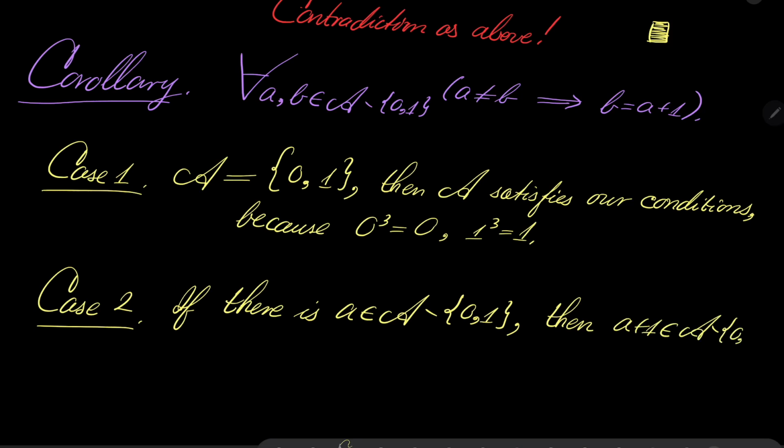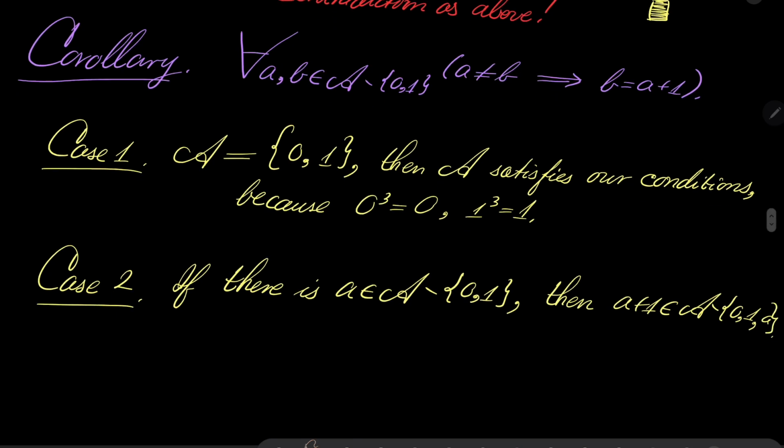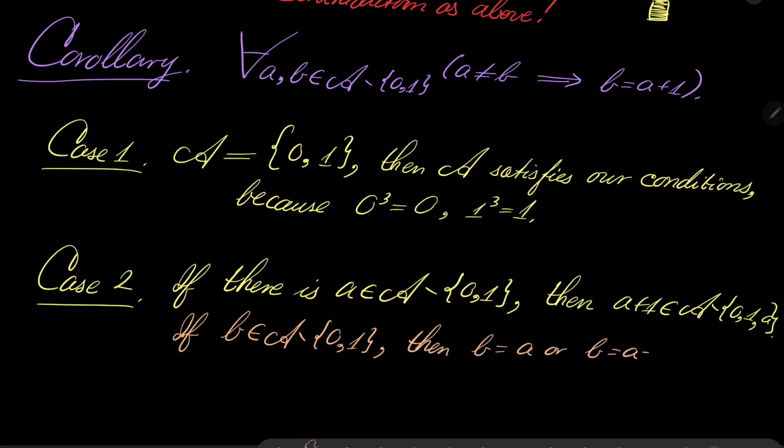It's not 0, it's not 1, and it's not A. I claim that there is no more element. Because notice that if B is also in our ring, and it's also not 0 and not 1, then B is either equal to A or equal to A plus 1. So there can be no fifth element.